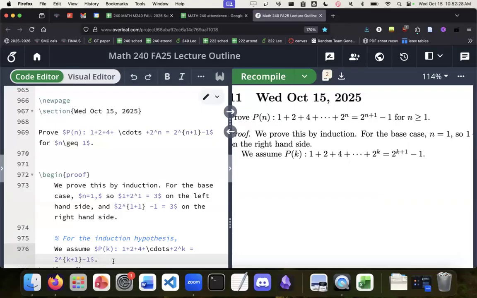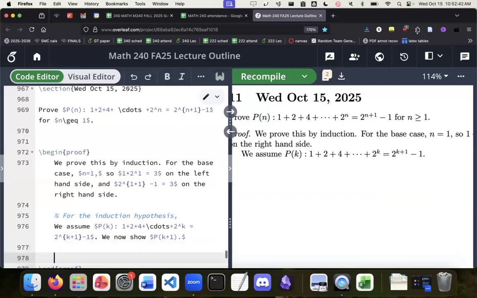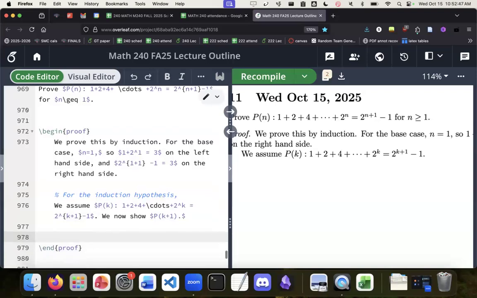And so some of you had, we now show or prove P to the K plus 1. That's fine. One of the things that I marked some of you down on was you went immediately from here to, okay, let's show P to the K plus 1 and work out how that equals P to the K plus 1.